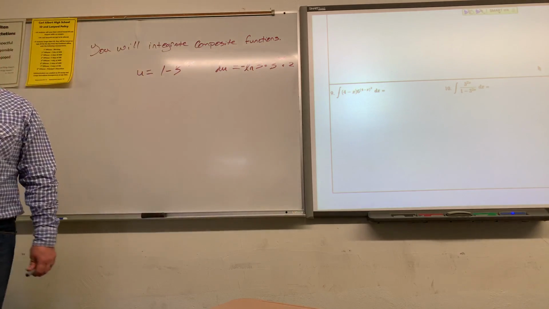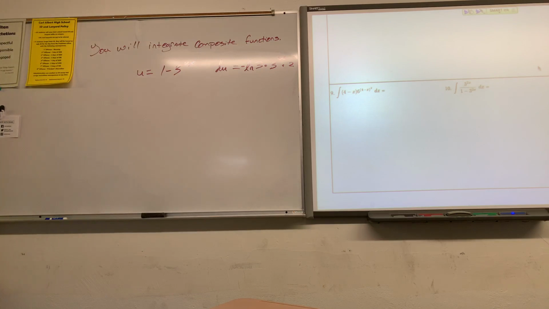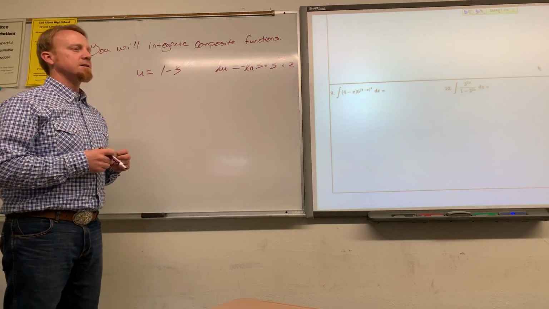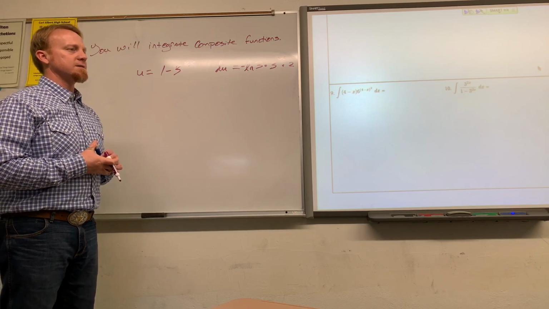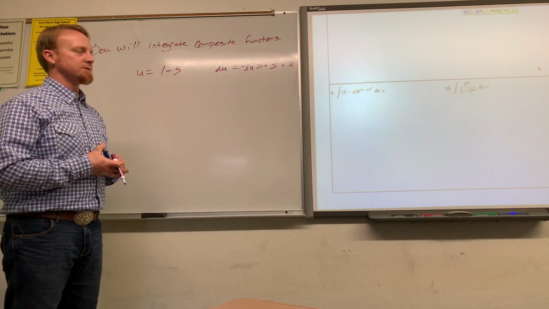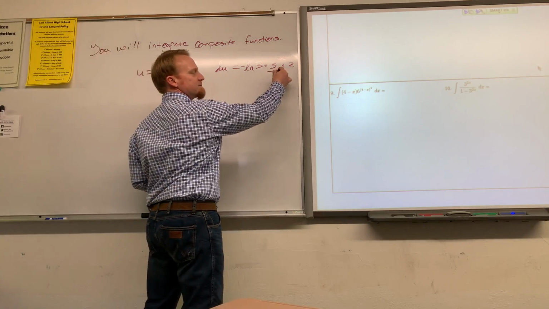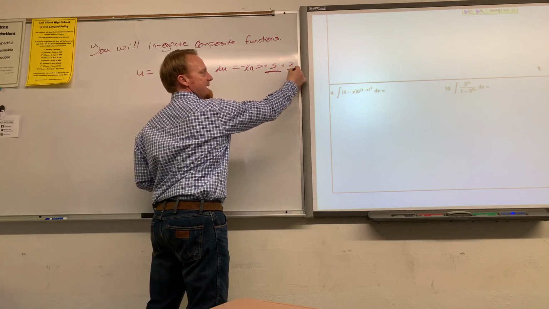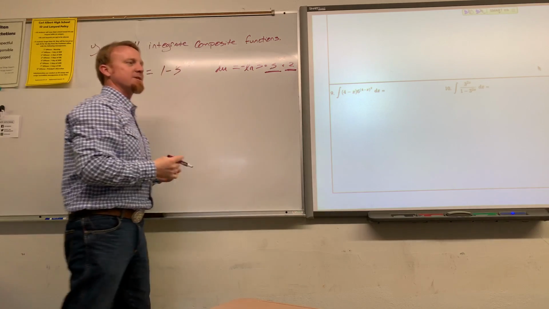Wait, why? I need some explanation. I think the derivative of e is the exponential times the derivative of the exponent of the exponential.